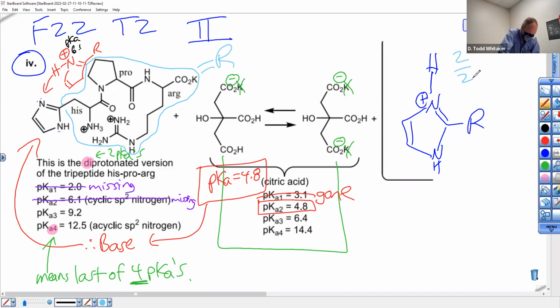Saves a lot of time, doesn't it? Okay. pKeq. Oh, what's the pKa of this thing? I wrote it on the left. No, I don't need pKb's. You do need the pKb here, though, since you're on the topic. Yeah, 14 minus 6.1 equals 7.9.